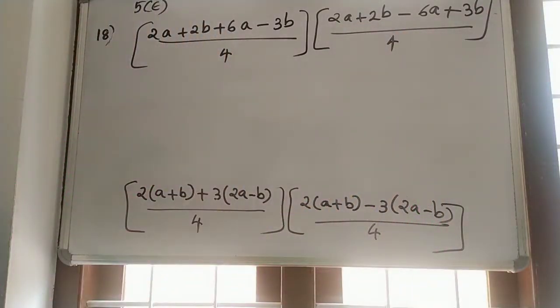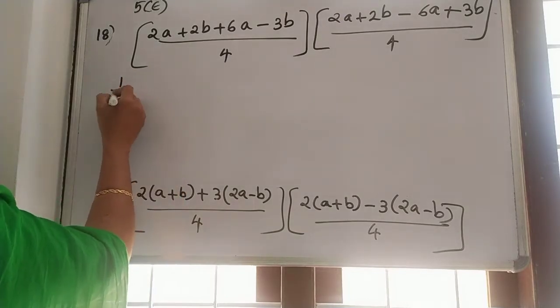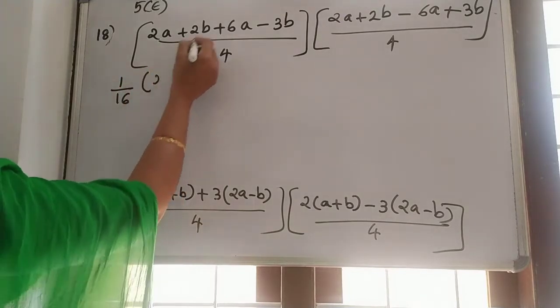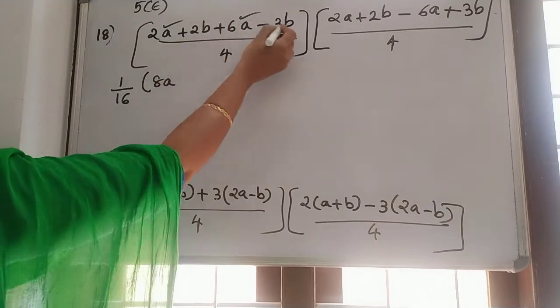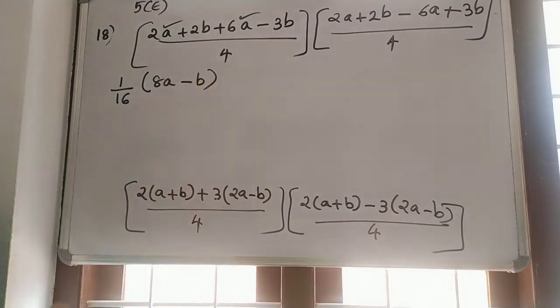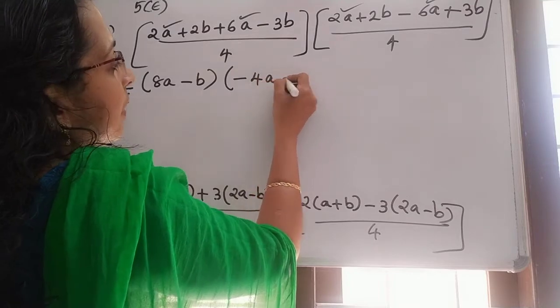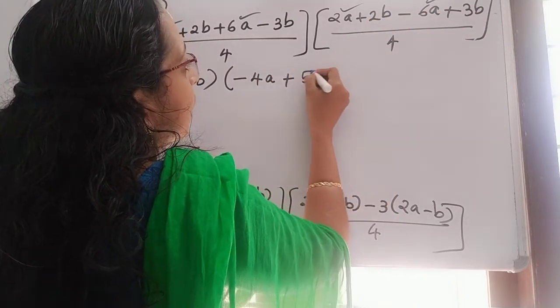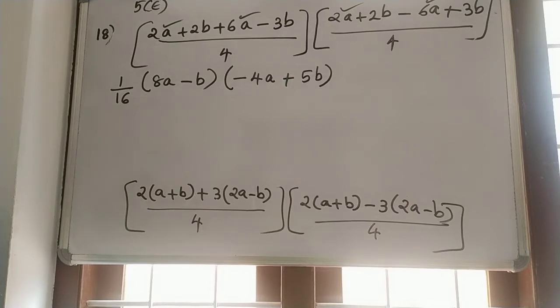Okay, then 4 into 4, 16 we can write, so that we can take outside, denominator 16, so numerator it will be 1 divided by 16, remaining 2a plus 6a we can write it as 8a, then 2b minus 3b is minus b, 8a minus b, then here 2a minus 6a is minus 4a, then plus 2 plus 3, 5b, so 1 by 16 into 8a minus b into minus 4a plus 5b.